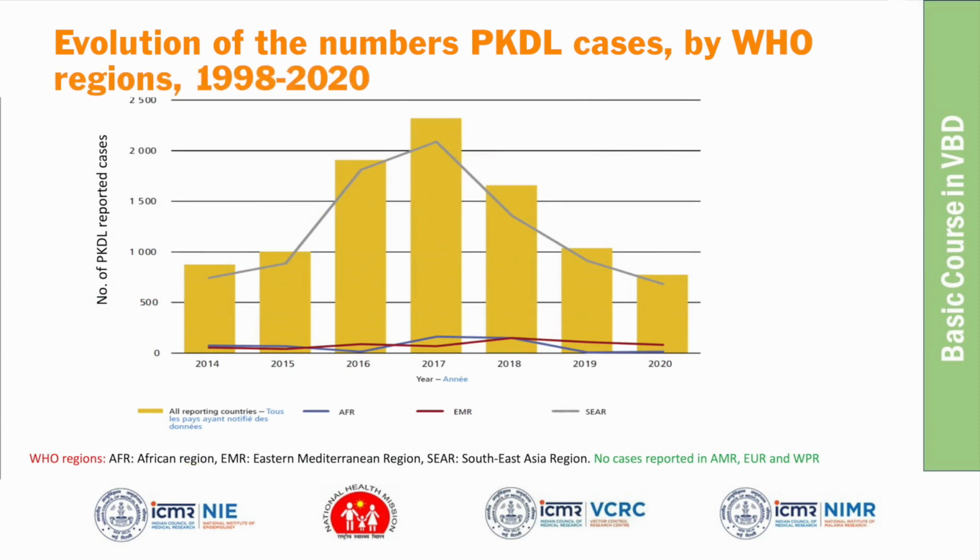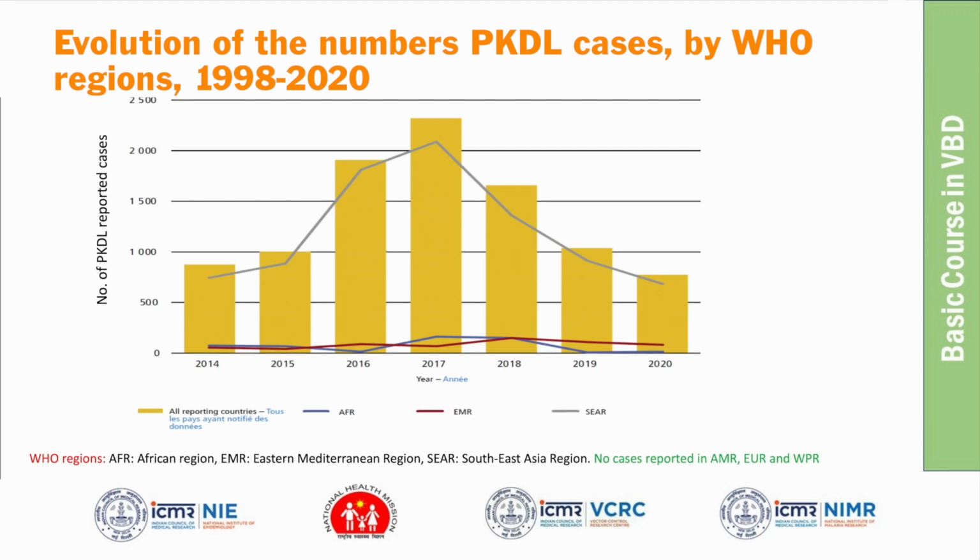If you look at the PKDL cases by WHO region during 1998 to 2020, the pattern is similar to that of VL cases. It goes up until 2017, and thereafter it declines. The yellow line shows the trend in PKDL cases for all reporting countries.